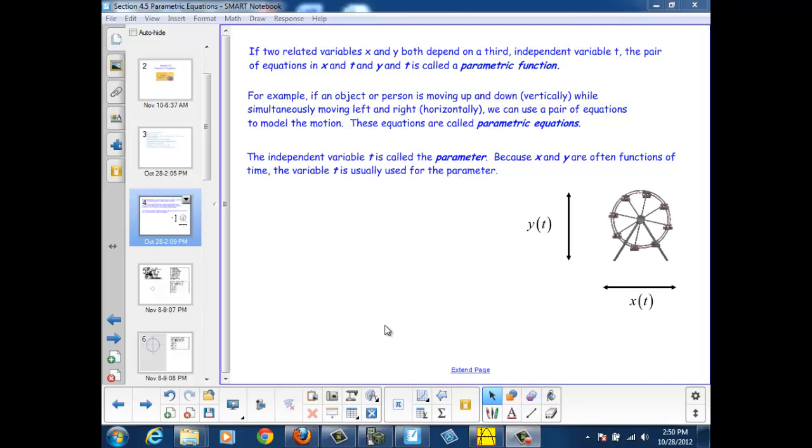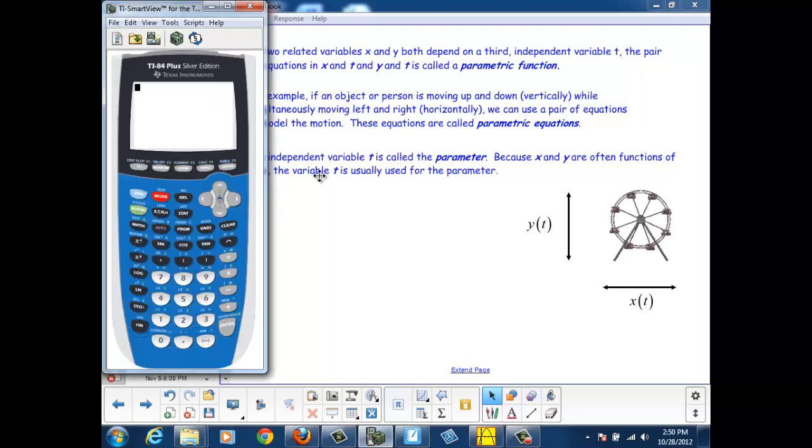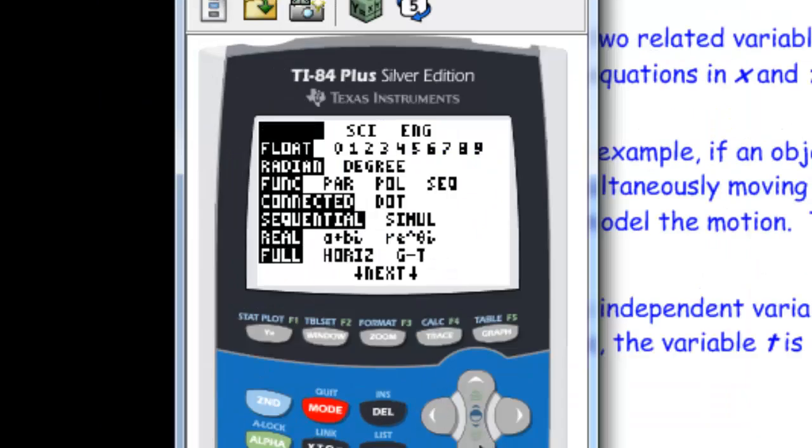Before we dive into a discussion and some examples of parametric equations, let's set up our calculator. First, we'll go into mode, and for right now, let's go into degree mode, and make sure we're also in parametric mode. Now let's set our window.